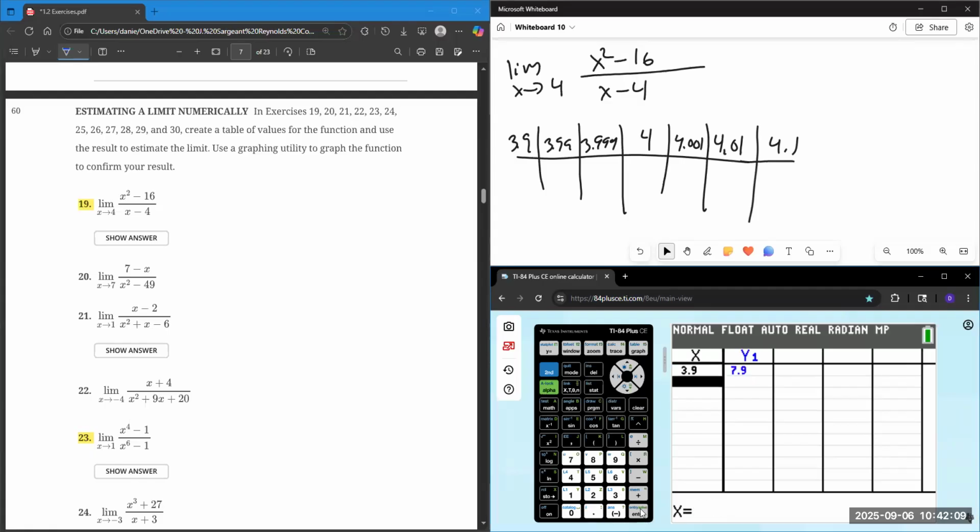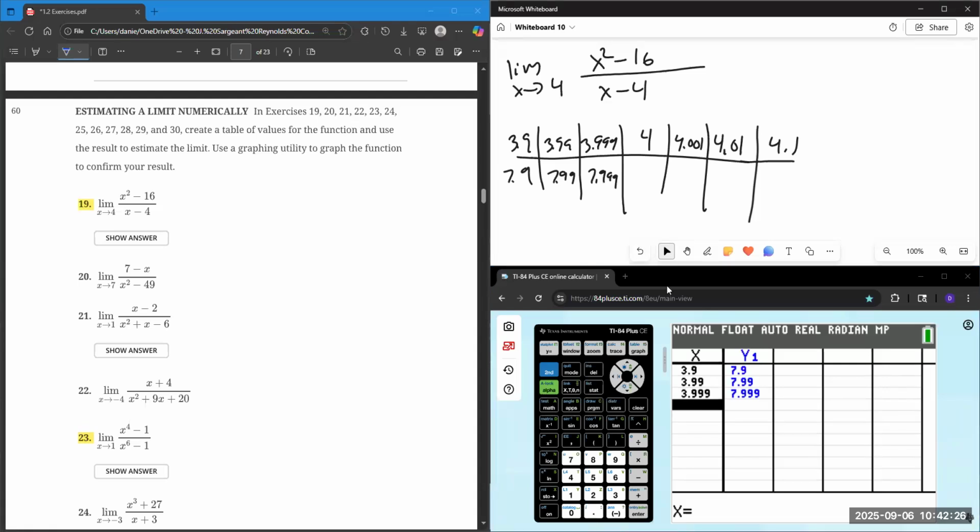3.9 is 7.9. 3.99 is 7.99. 3.999 is 7.999.